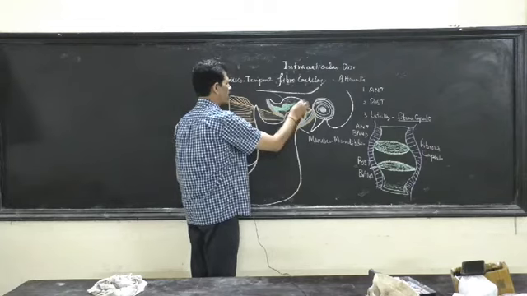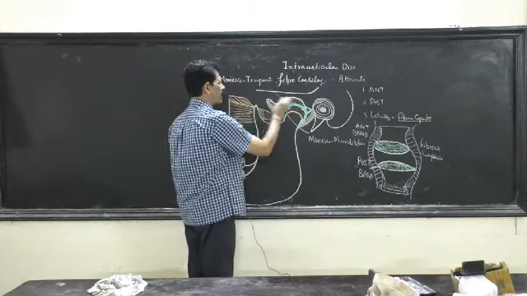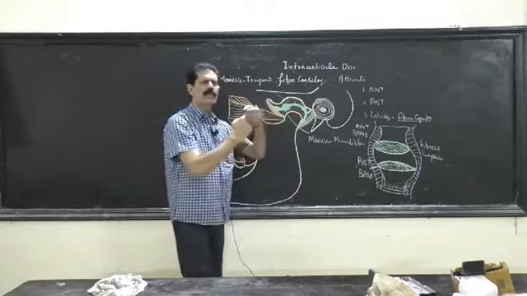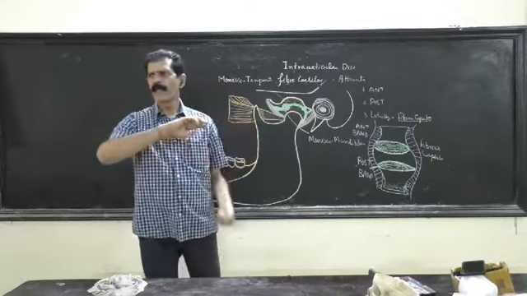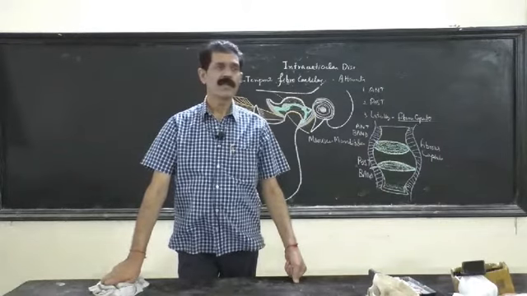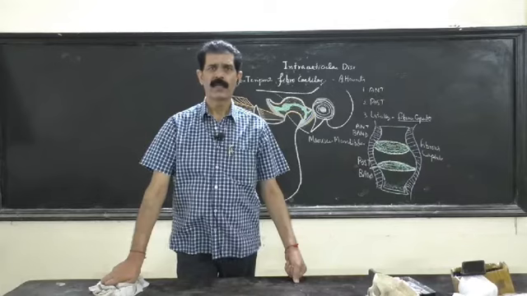All the surfaces are covered by fibrocartilage. So in the joint, wherever the chances of the bone touching the bone, it is lined by a thin slice of fibrocartilage, that is again a shock absorber.